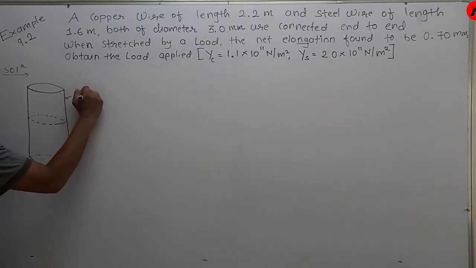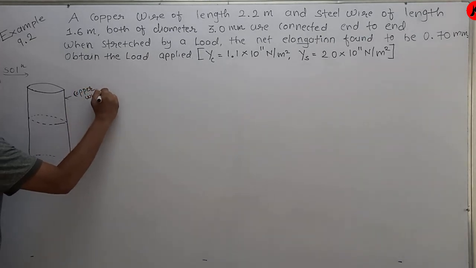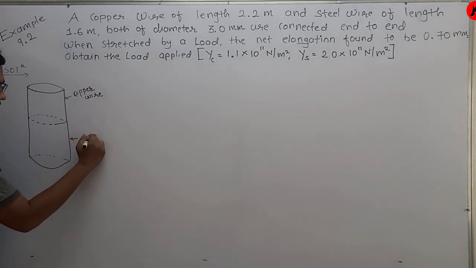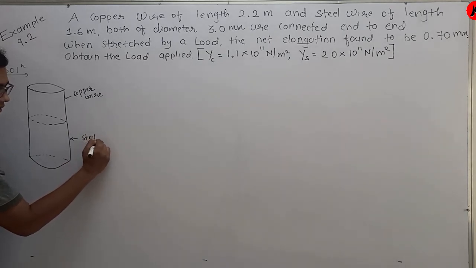Suppose this is the copper wire and this is the steel wire.